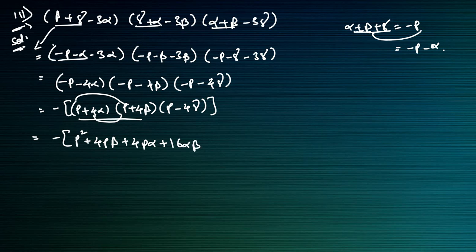Now another factor, p plus 4 gamma, is there. So we multiply this also with this total.